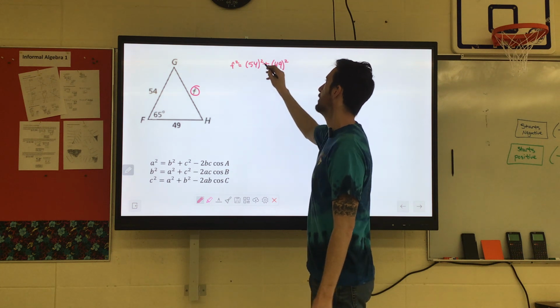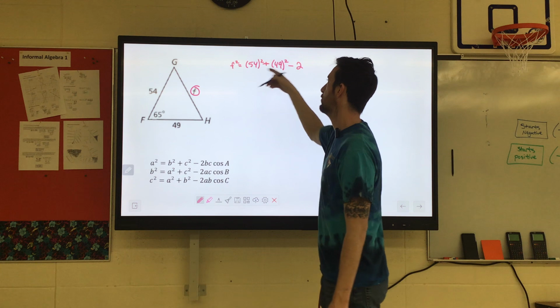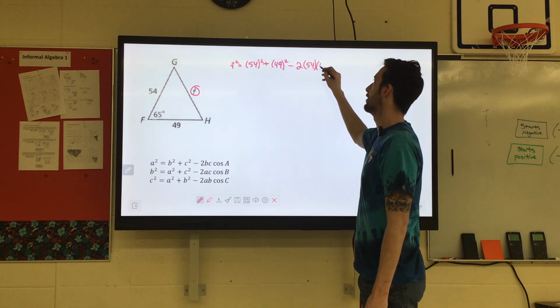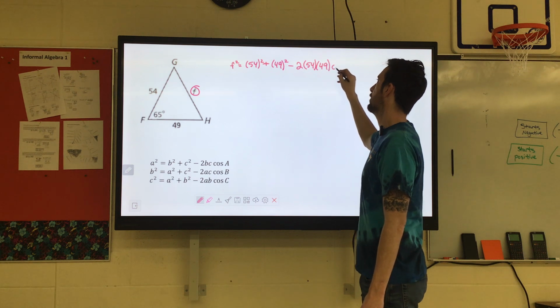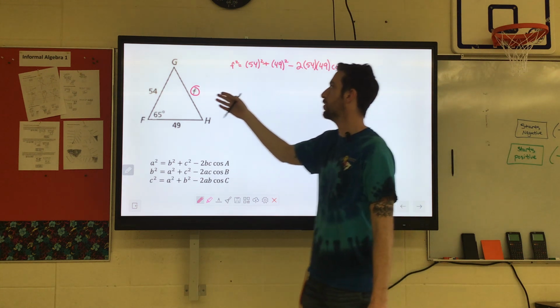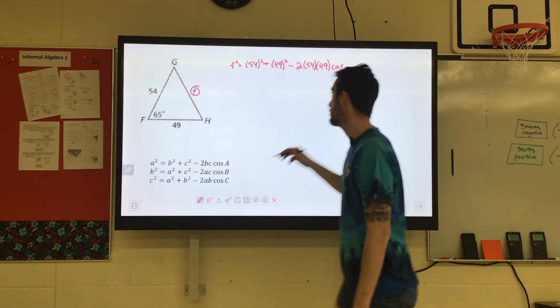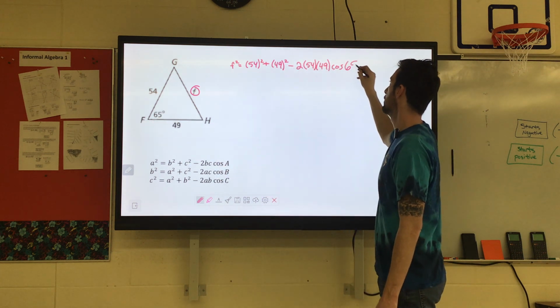It's always minus 2 times those two numbers, 54, 49, times the cosine of the corresponding angle. So we're looking at side F, so we would use angle F, which is the 65 degrees.